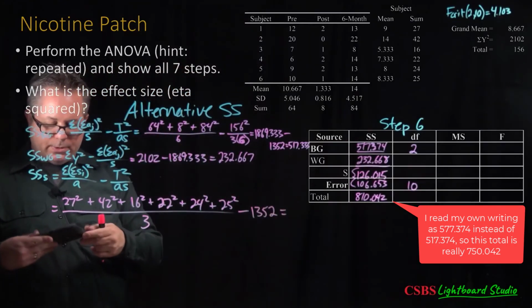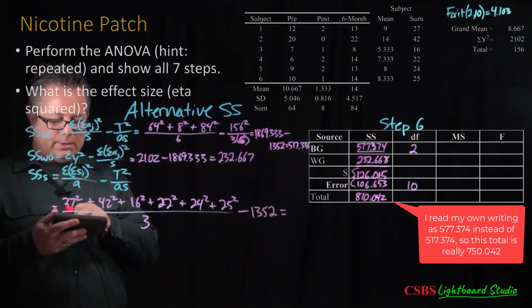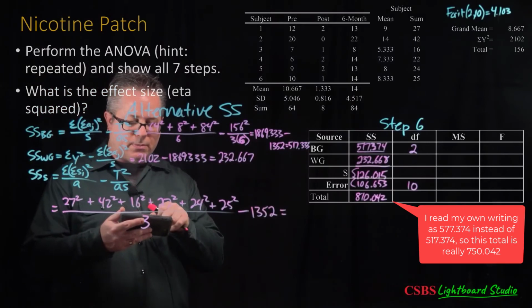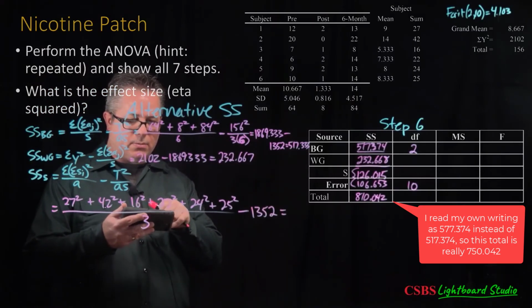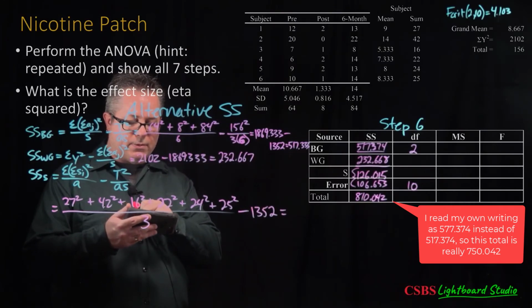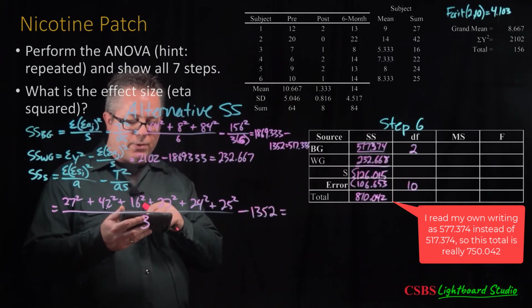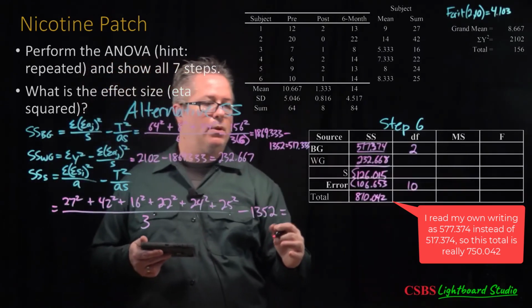Alright, so let's run through those. 27 squared plus 42 squared plus 16 squared plus 22 squared plus 24 squared plus 25 squared ends up being 4,434 divided by 3 equals 1478.